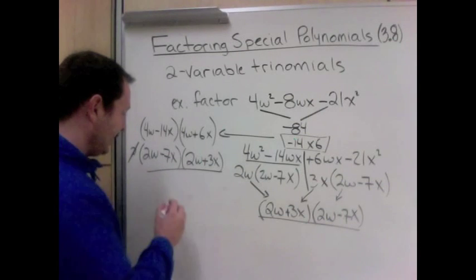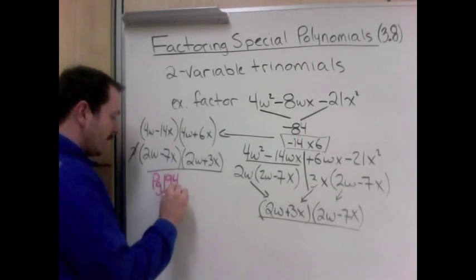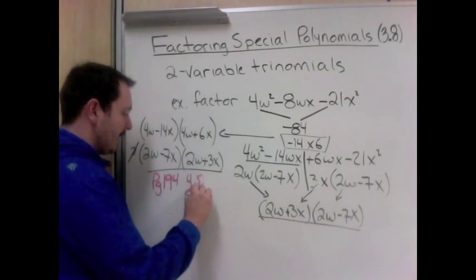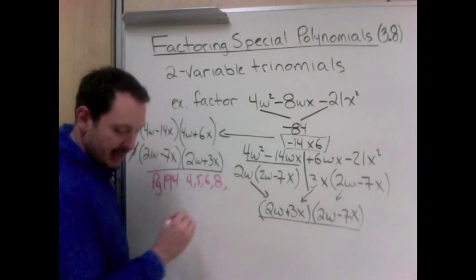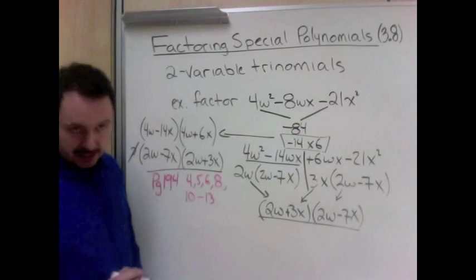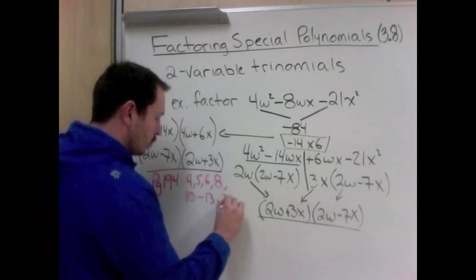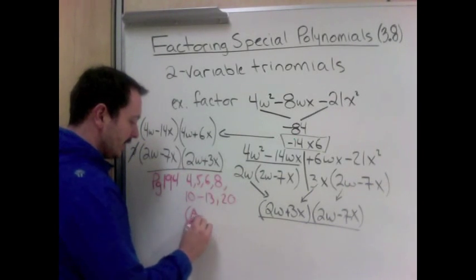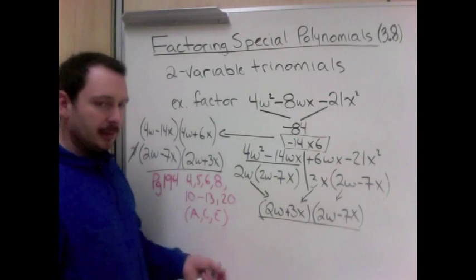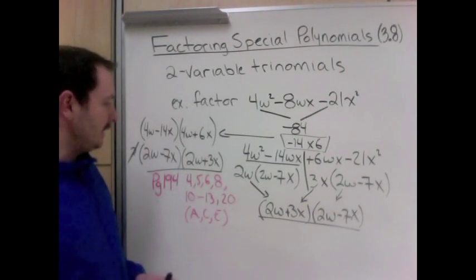But page 194, and the questions are questions 4, 5, 6, 8, 10 to 13, so 10, 11, 12, 13, and number 20, and just do A, C, E for each one. So skip B, skip D, skip F. If a question only has A, B, C, and D, then only do A, C.